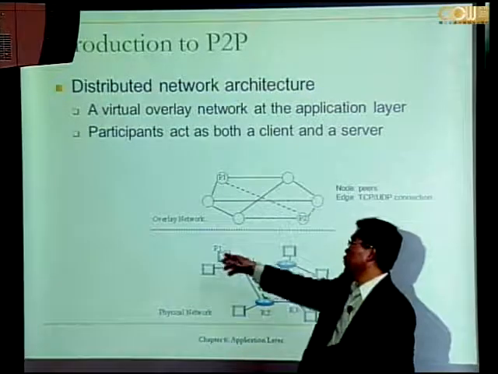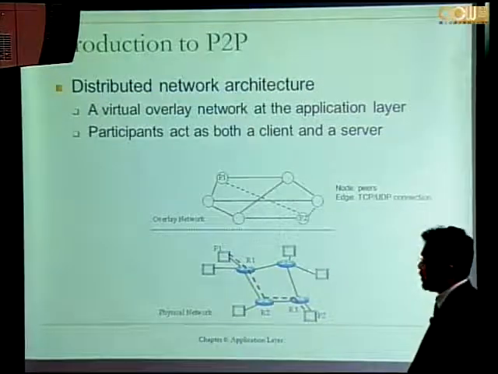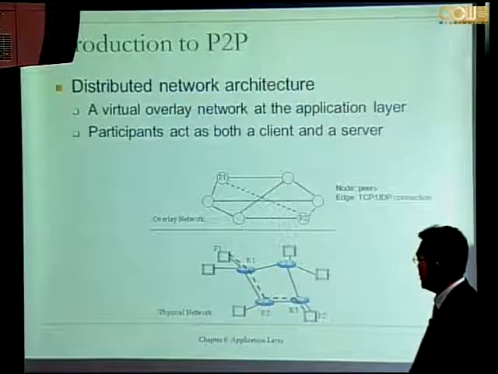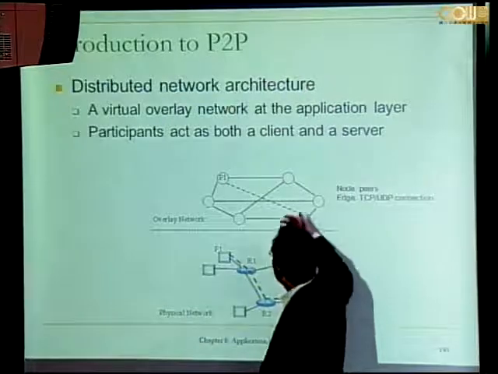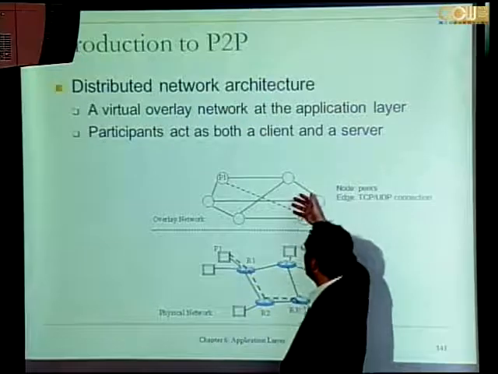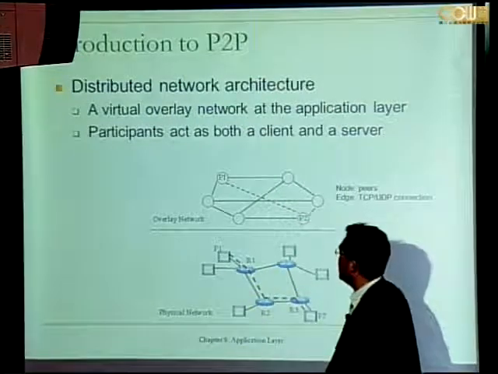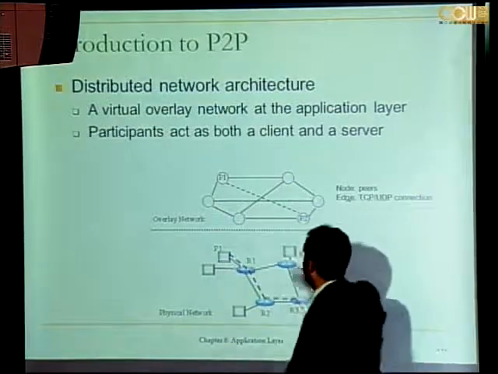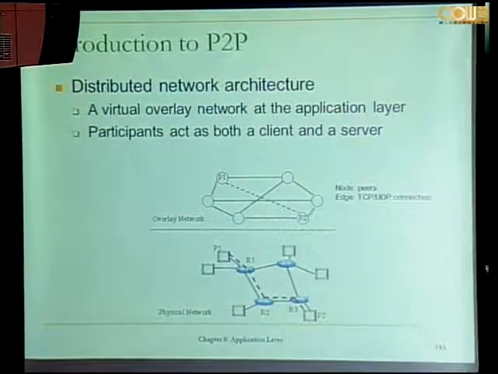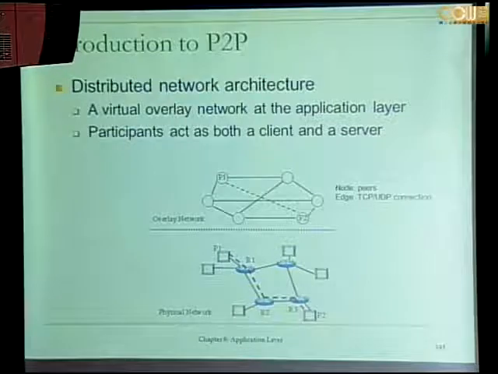So P1 and P2, they know each other, so they can talk to each other directly. So the physical topology is this, but the logical topology is this, where P1 and P2 can talk to each other directly. It's more like they have direct connectivity in between.